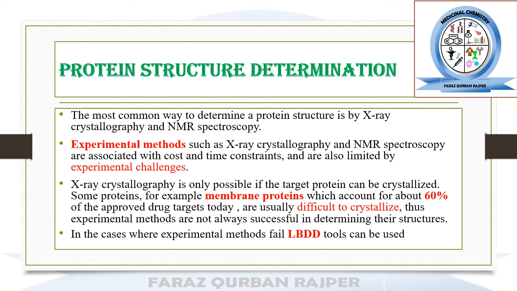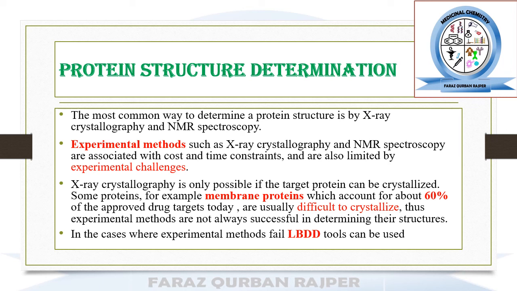For example, in X-ray crystallography, to determine the structure, the protein must have the property to get crystallized. But there are certain proteins, like membrane proteins, which are very difficult to crystallize.